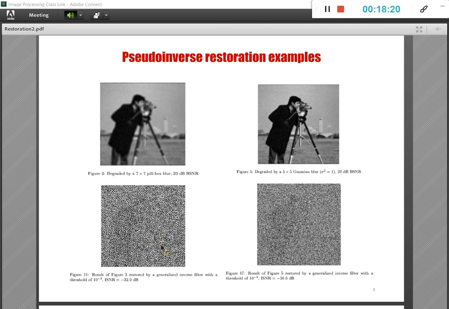Here you see the result of restoring that picture with a generalized inverse filter, or pseudo inverse filter, with a threshold of, for example, 1 over 1000.